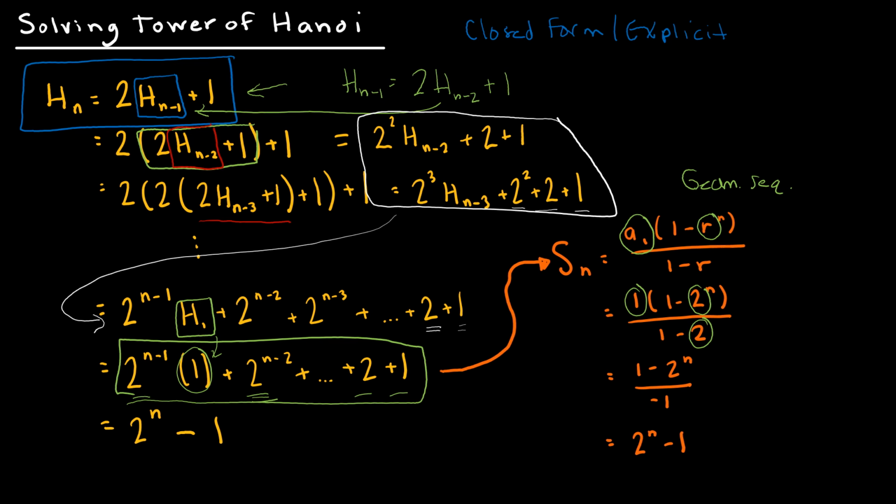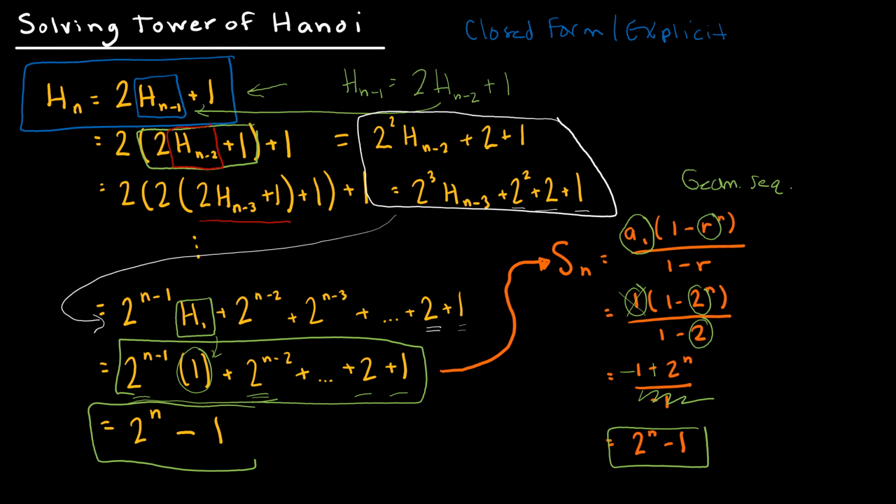So I didn't really care about the 1, because when we multiply by 1, it's just 1. So on the numerator, I have 1 minus 2 to the n, and my denominator, 1 minus 2, is negative 1. And then, of course, I just simplified that by distributing the negative to the numerator. So I had a negative 1 and positive 2, and then I wrote it as 2 to the n minus 1.